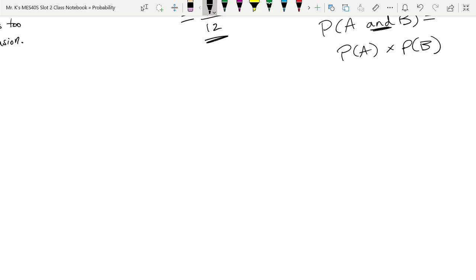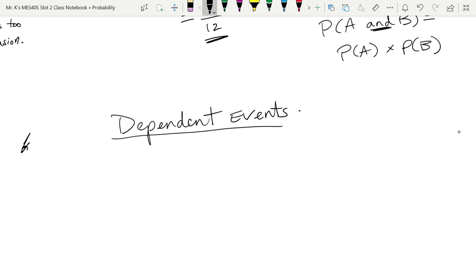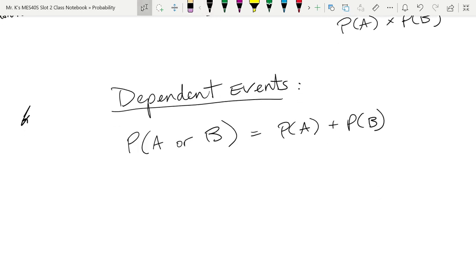And for dependent events, the probability of A or B is equal to the probability of A plus the probability of B. So say, for example, I want to know the probability of either rolling a 6 or flipping a heads.